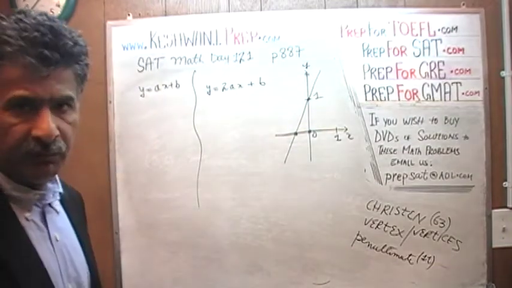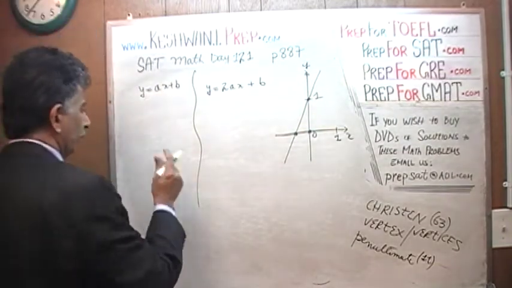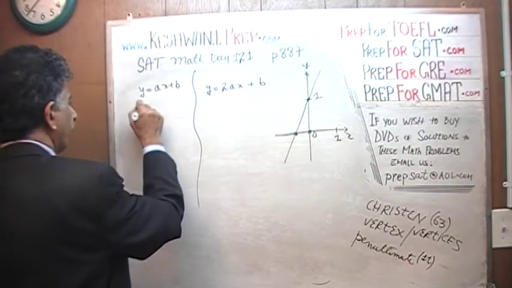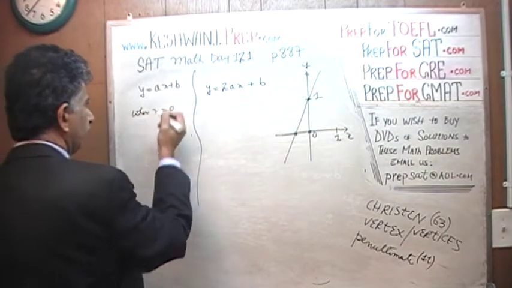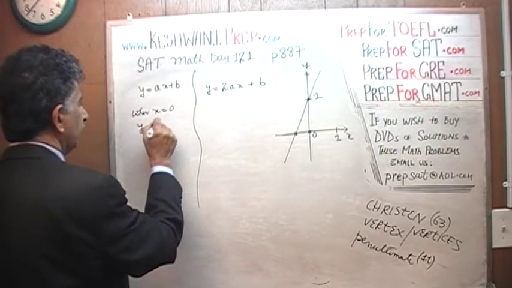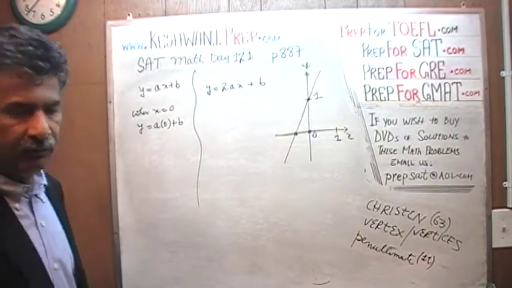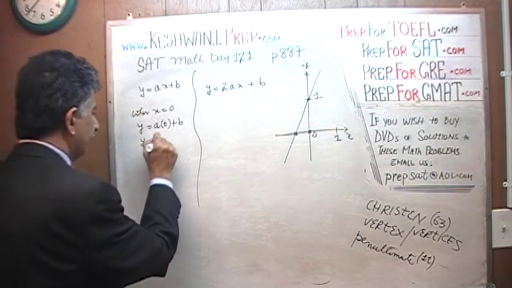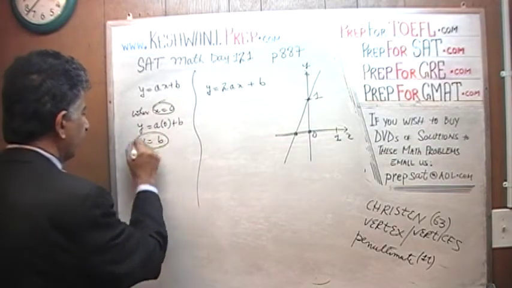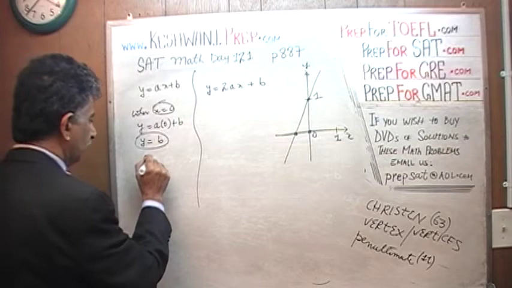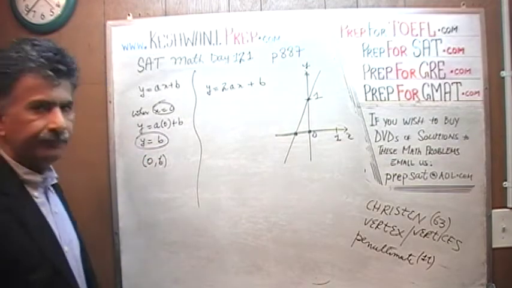Well, first thing first, the first thing we realize is that when x is equal to 0, in this equation, y would be a times 0 plus b, and anything times 0 is just 0, so y equals b, which means when x is 0, y is b, which means the line goes through 0 and b.